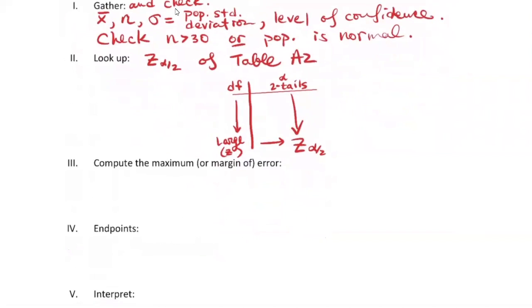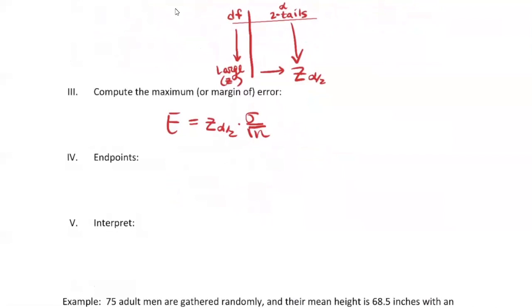Margin of error we already gave. It's z alpha over 2 times sigma over the square root of n. Endpoints of the confidence interval are just x bar plus or minus the margin of error. So you write the interval like this: x bar minus error less than the population mean. Remember, we're trying to estimate a population mean. And that should be between x bar plus or minus the margin of error.